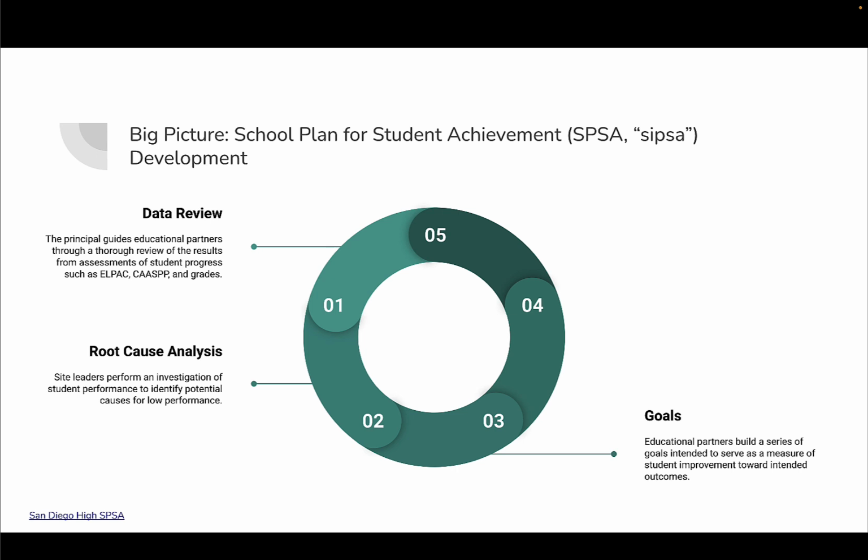Our goals should be built on data sources that our teacher teams and our site teams value, meaning that we don't think that schools will be motivated to achieve better if they don't really believe in the data point used to measure their success or their level of achievement. So we would want to create goals specifically in the areas that our data review points out as being an area of need.